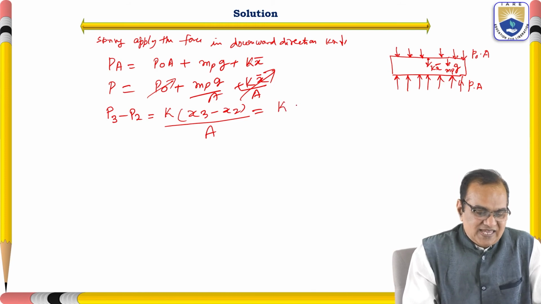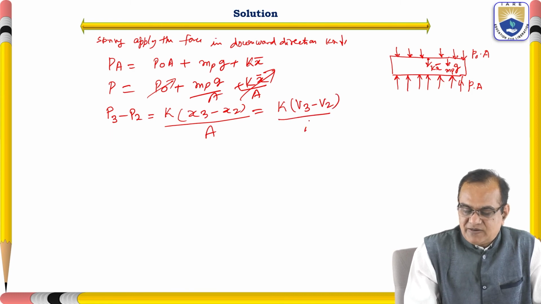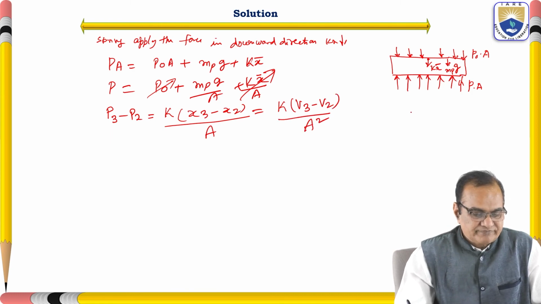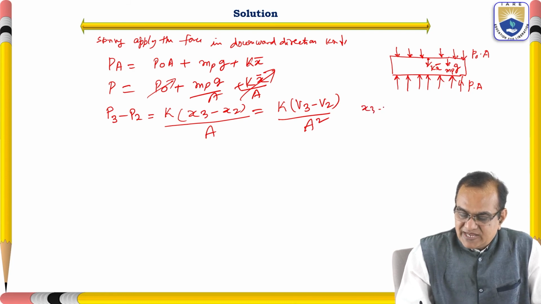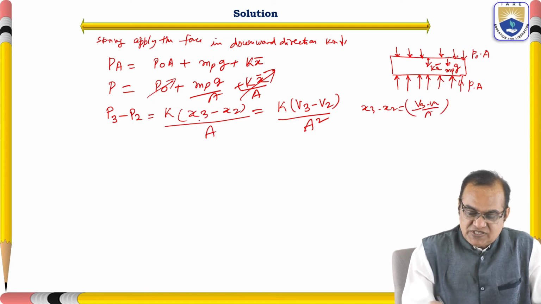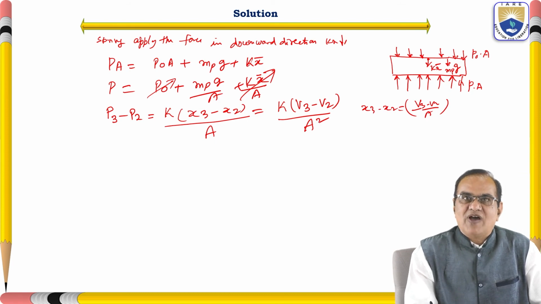It is K into volume of 3 minus volume of 2 divided by A square, as we know that X3 minus X2 is equal to V3 minus V2 by A. So if you put this, A will become A square.